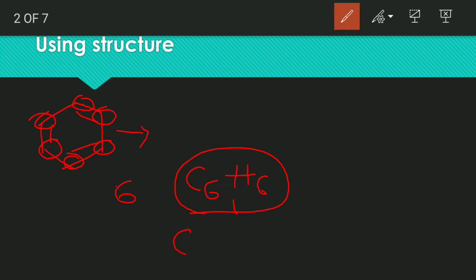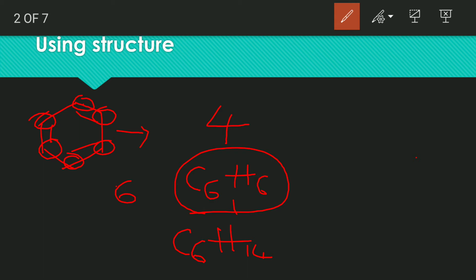Now actually we would have C6H14, right? But we had C6H6. So what is the DBE value? The DBE value is 4.